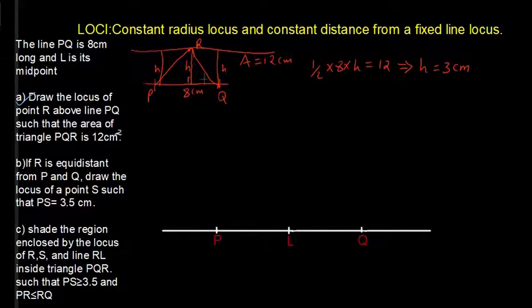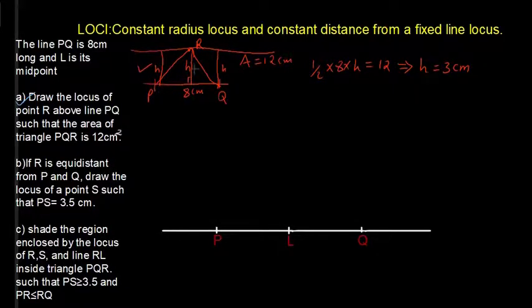So that was the essence of getting the height of the triangle. So from here, we've just identified that the kind of locus we're looking at here is constant distance from a fixed line. So we have the fixed line PQ and we have a constant distance H, which happens to be the height of the triangle.